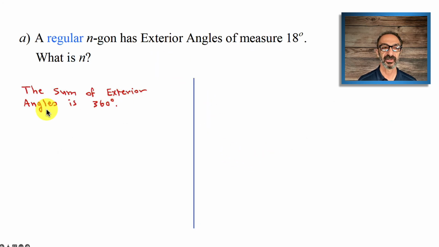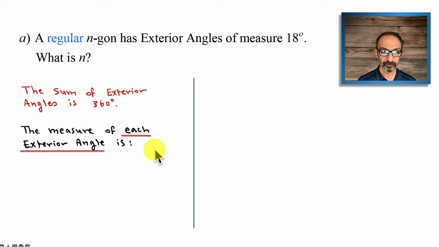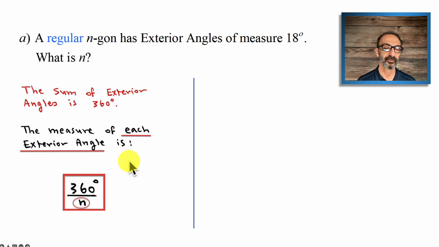So the sum of the exterior angles is 360. So the measure of each will be 360 divided by n. But they told me what each is: the exterior angles have a measure of 18. So that's each.